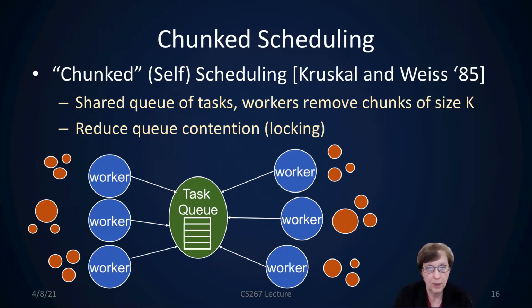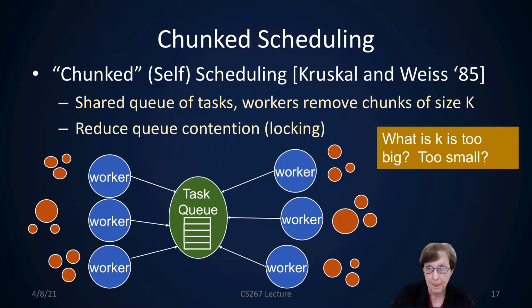And so the next obvious thing to do, and you see this even in OpenMP in terms of the kinds of primitives that are built in, is to take a chunk of some fixed size K. There's a paper that talks about the theoretical analysis behind this kind of chunk self-scheduling algorithm, and it will allow you to reduce the contention on the queue. What happens, though, if K is too small or too big?